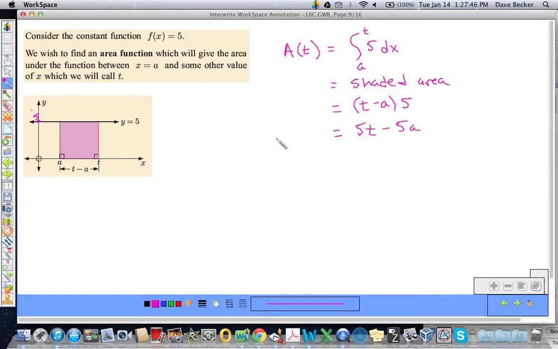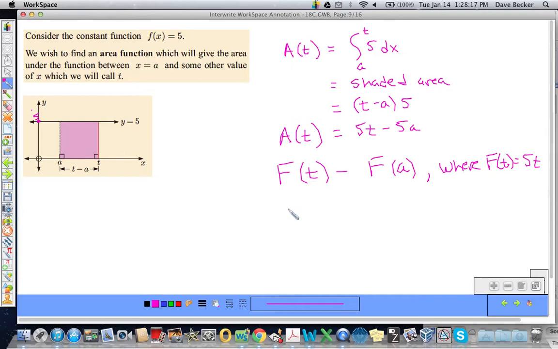So I'm going to say that A of t, the area under the curve here, is equal to 5t minus 5a. Now we can write this in the form of capital F of t minus F of a, where F of t is equal to 5t. There we go, it's equal to 5t.